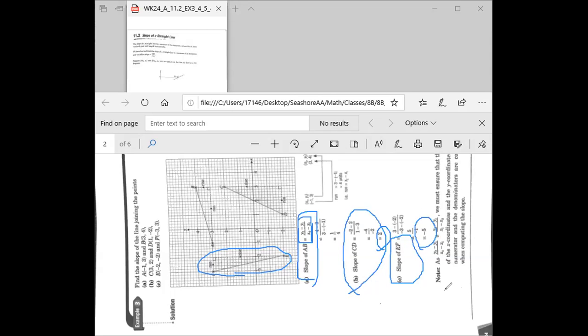Okay, so we figured out the slopes for those triangles. We have slope AB, slope CD, and slope of EF. This is our slope. So any questions so far? If you have a question, you can type either A, B, or C on the group chat so we can go over those questions again.